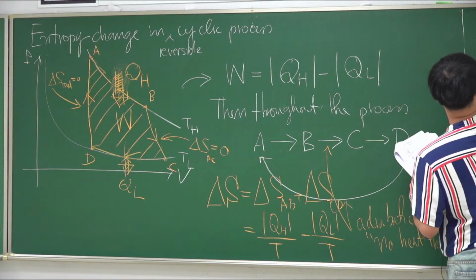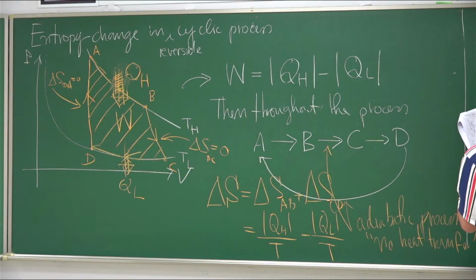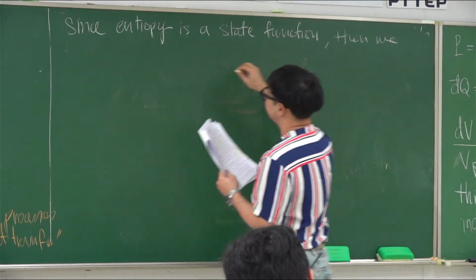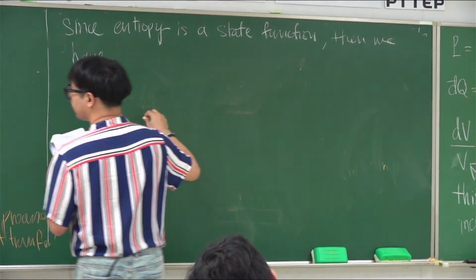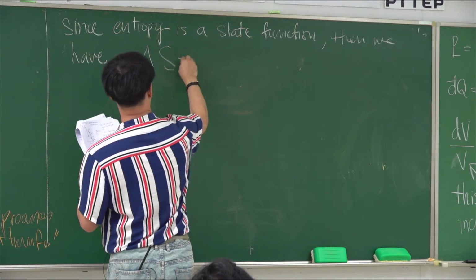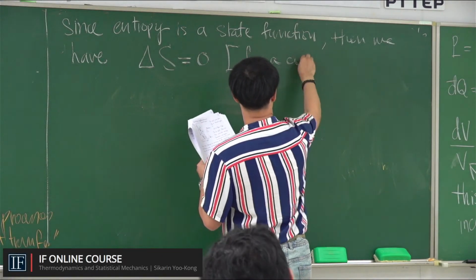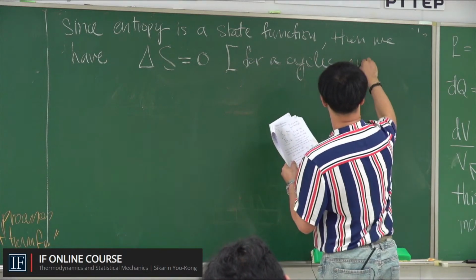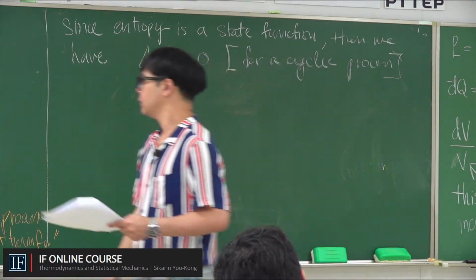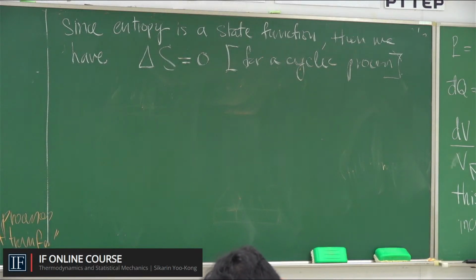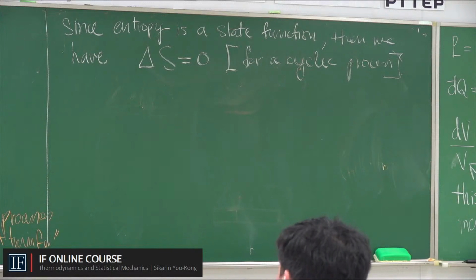Next, since entropy is a state function, for a cyclic process the difference in entropy depends on the initial and the final point.